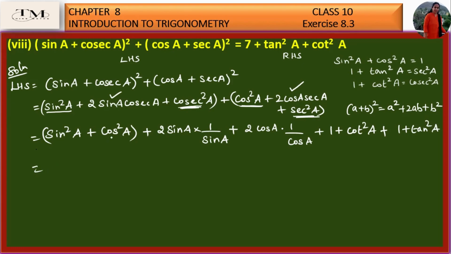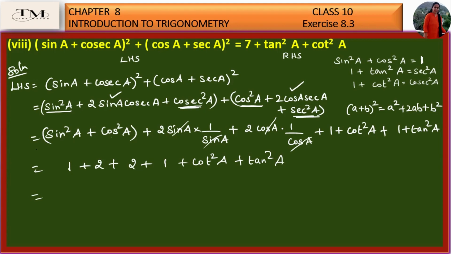Sin square A plus cos square A is 1. So write 1 here, plus 2 into sin A, and sin A gets cancelled. So 2 into 1, plus cos A, and cos A gets cancelled. So plus 2. Again we have here 1 plus cot square A plus 1 plus tan square A.